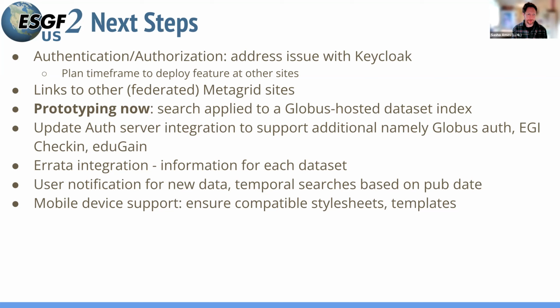We've been discussing user notifications, so Metagrid can have temporal searches that it reruns to suggest to the user what data has been more recently published that matches the search criteria. And just a final note: right now mobile device support isn't particularly good, but we can ensure that we have compatible style sheets and templates to support that.